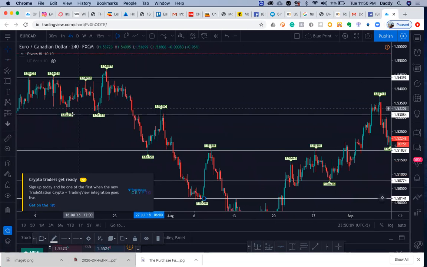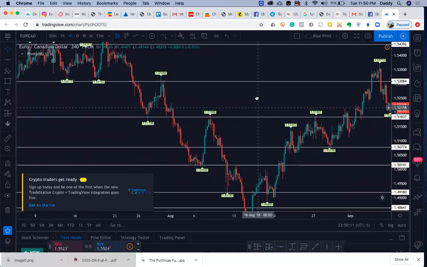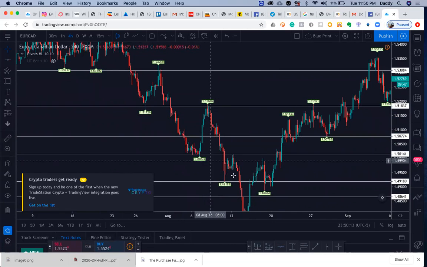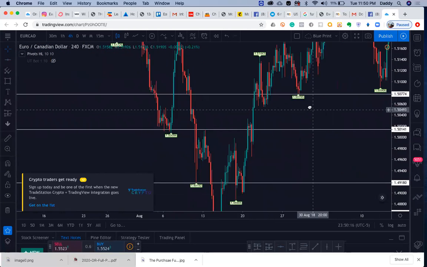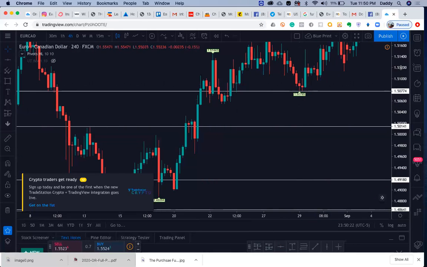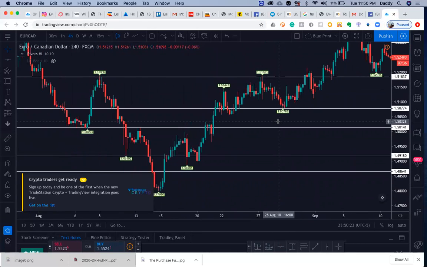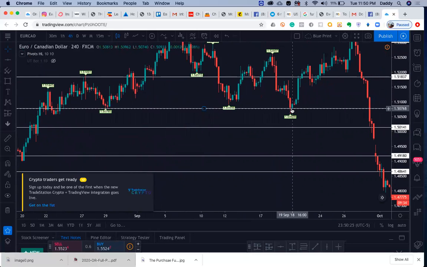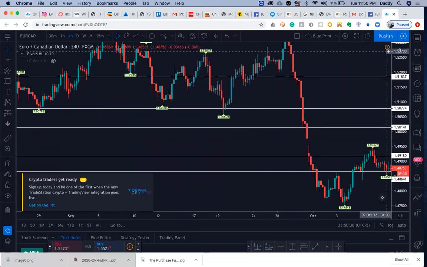You can open your chart up and you can see where price is hitting at. See that? Boom, boom.